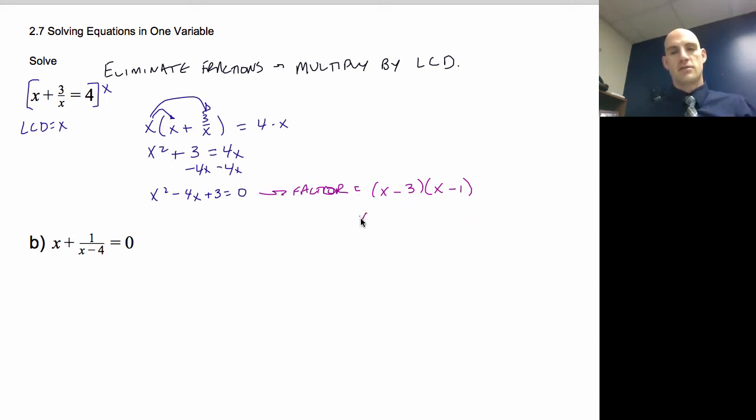Well, that leaves my solutions as x minus 3 equals 0 and x minus 1 equals 0. So x is equal to 3 or x is equal to 1.